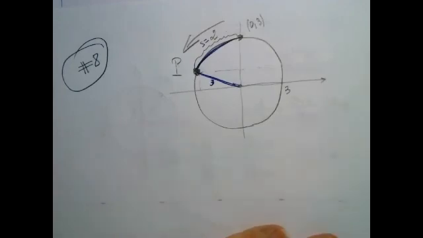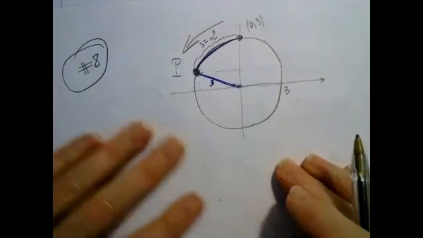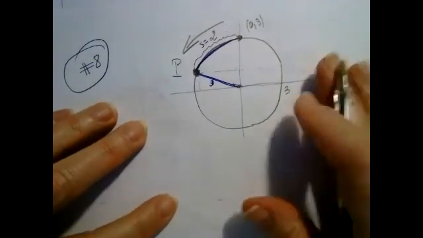Anybody? It means your arc length is multiplied by 3 because the radius is 3. But what does this give you? It gives you the formula for theta. What is theta, from where to where?